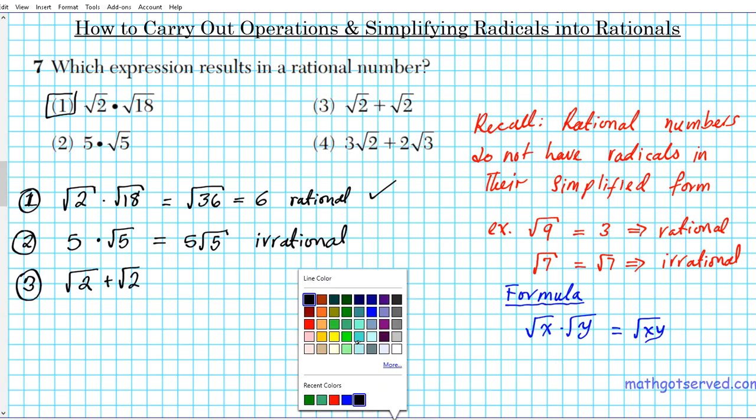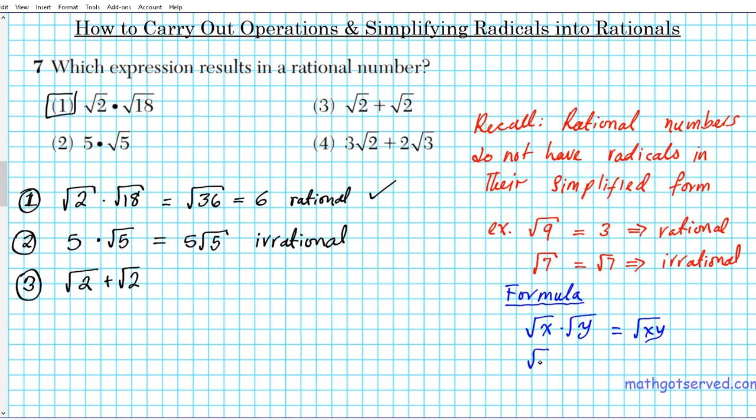Now let's go back to another formula in simplifying radicals. If you are adding two radicals with identical radicands, it is possible to combine them. All you do is you add the coefficients. Alrighty, so like in this case, let's say you have root x plus root x.